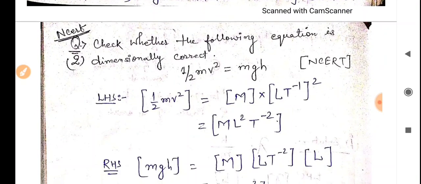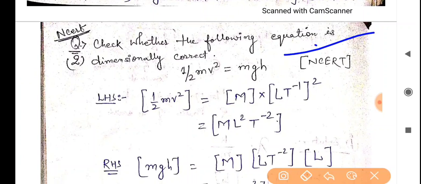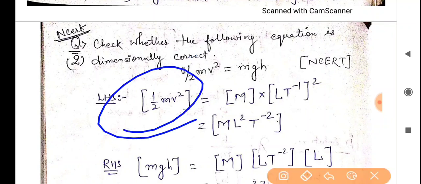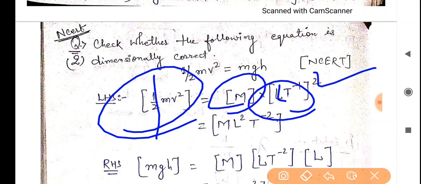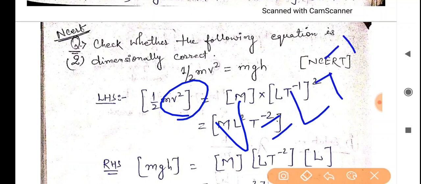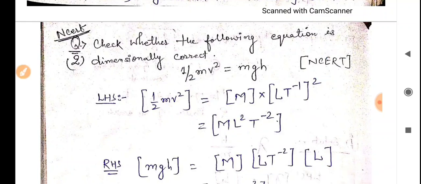Next question, a similar question. Check whether the following equation is dimensionally correct: half mv square equals mgh. This is from your NCERT textbook. So in the LHS we have half mv square. Half is dimensionless, m is mass, and v square is (LT^-1) whole square. The velocity v is LT^-1, meter per second, dear students.